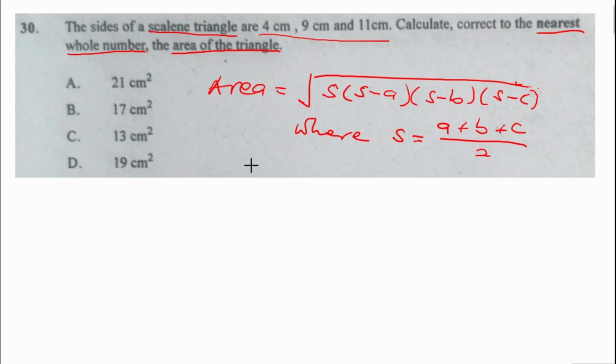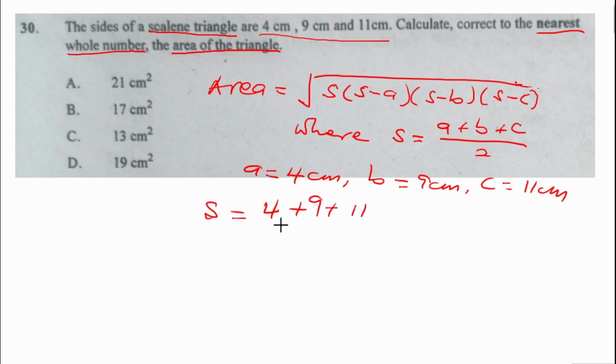So in this case, we can say that a equals 4 centimeters, b equals 9 centimeters, and c equals 11 centimeters. So s will now be 4 plus 9 plus 11 all divided by 2, and that will be equal to 24 divided by 2, which is also 12.